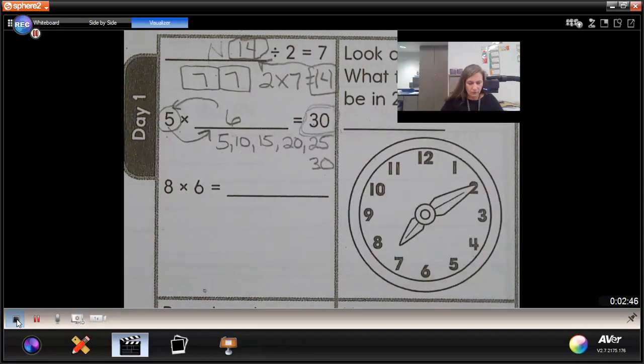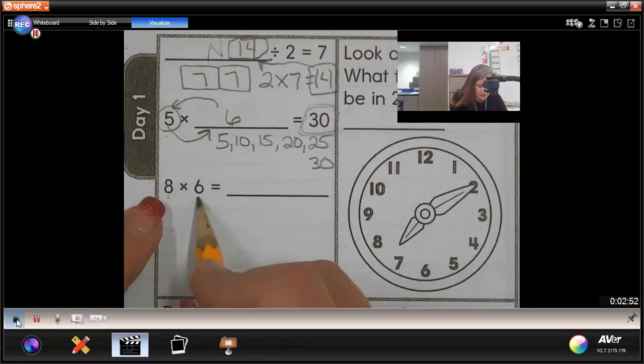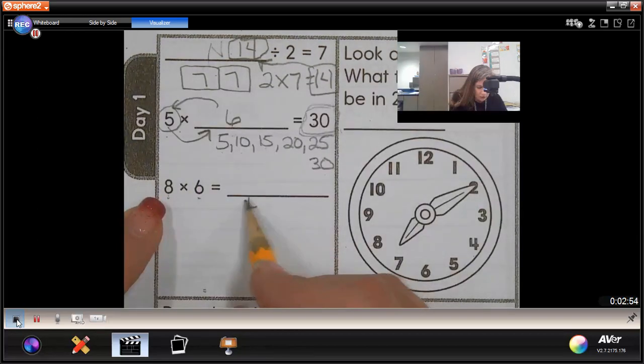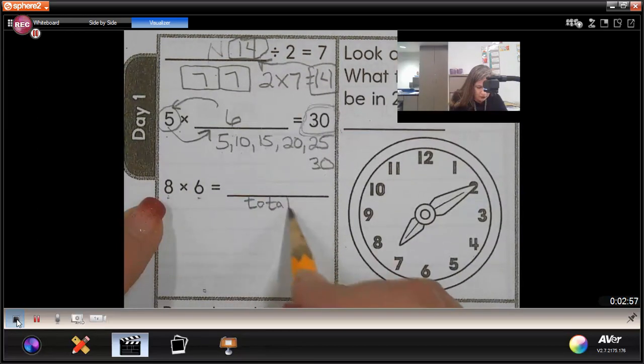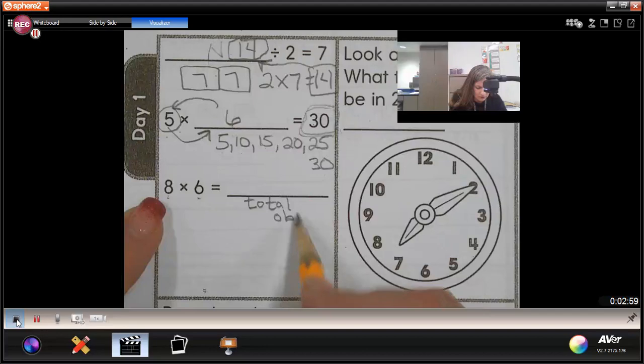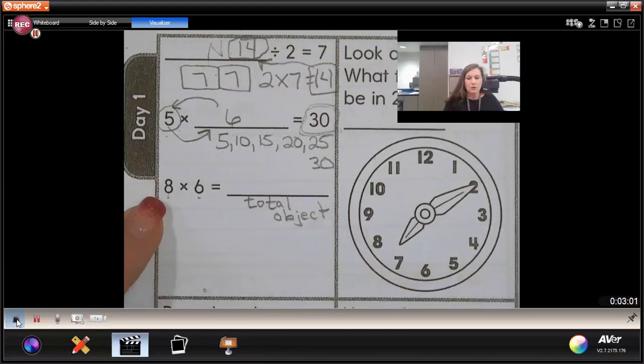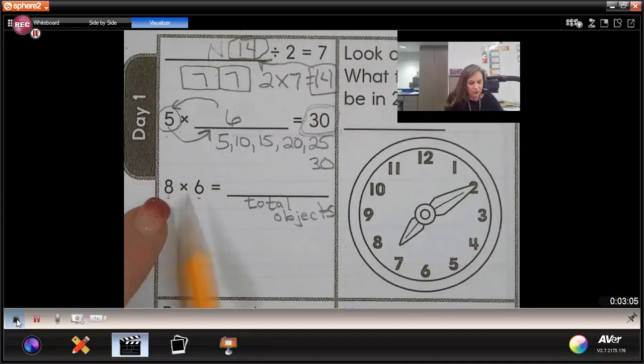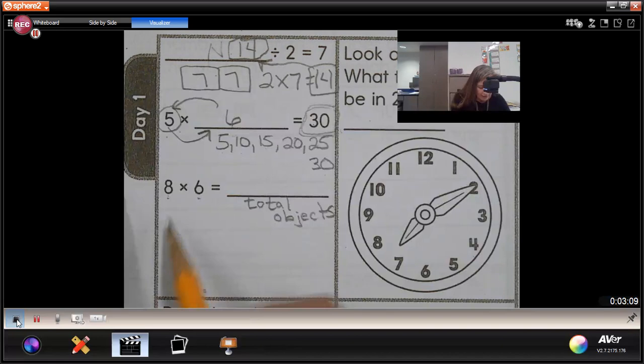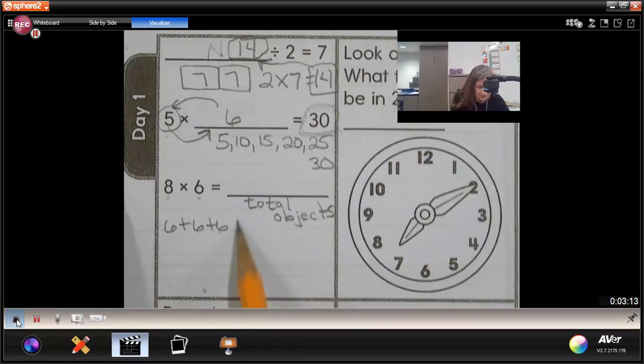And last of all, we have our multiplication sentence here. And we have 8 groups of 6. And we want to know the total objects it takes to make 8 groups of 6. So if I wanted to, I could count by groups of 6, or I could add 8 groups of 6.